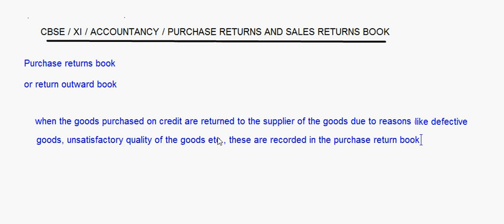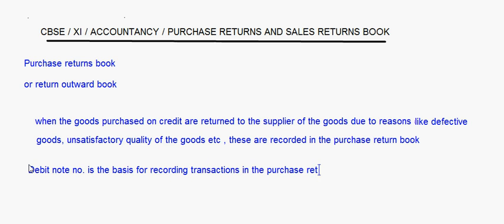For sales return, it is the credit note, which I'll be coming to later on. So for the purchase returns book, the debit note number is the basis for recording transactions in the purchase return book, right?